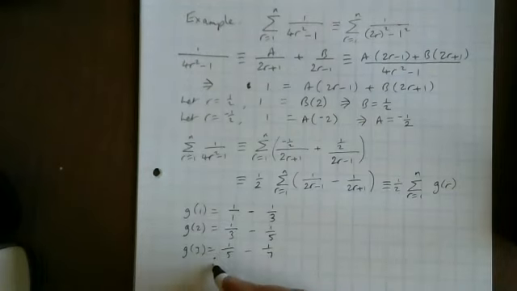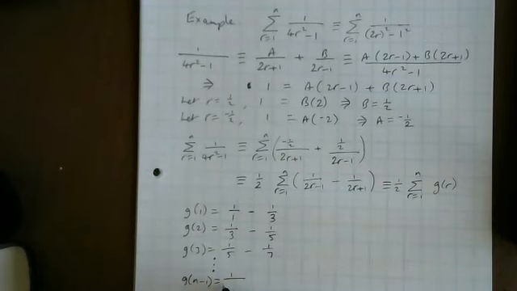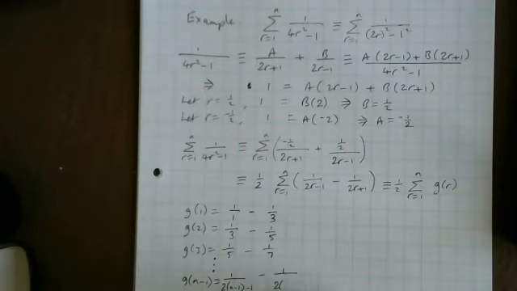Let's miss some out. g of n minus 1, 1 over 2 times (n minus 1) minus 1, minus 1 over 2 times (n minus 1) plus 1.